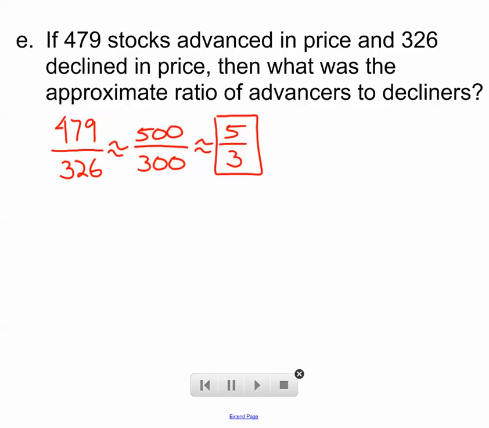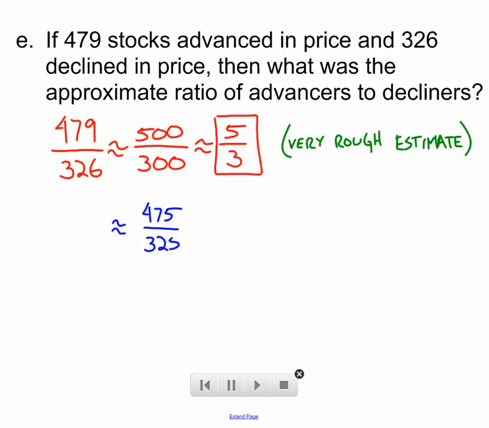Advancers to decliners is about 5 to 3. There's another way we could look at this too. This is a very rough estimate, but it's a useful estimate. For every 5 that advanced in price, 3 did not. Some might look at it as 475 to 325 at a lot smaller rounding, which simplifies to 19 over 13 because both of these numbers are divisible by 25.